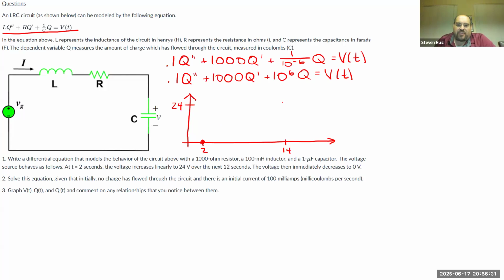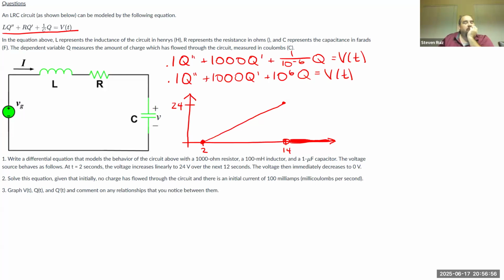So basically we have this ramp function, or linear function. So here's my forcing function. It's going to go like that, but then what happens at 14 seconds is it's basically shut off. After 14 seconds, my voltage goes to 0.